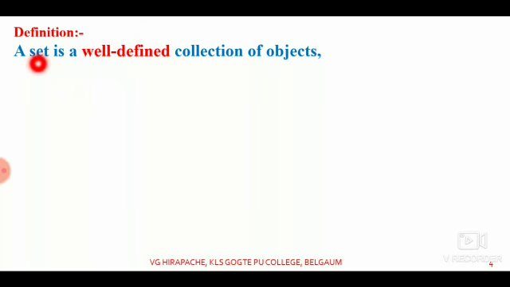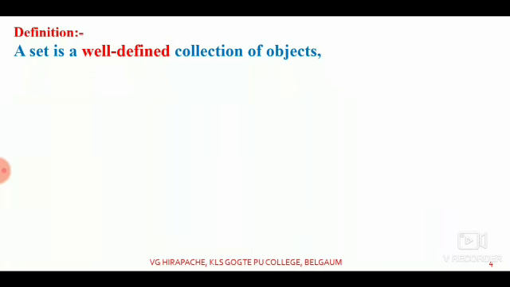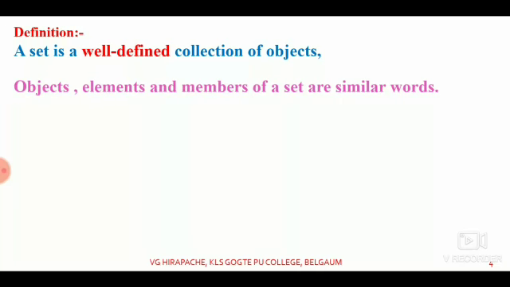Let me define once again. A set is a well-defined collection of objects. Objects, elements, and members of a set are similar words. These all are similar words.